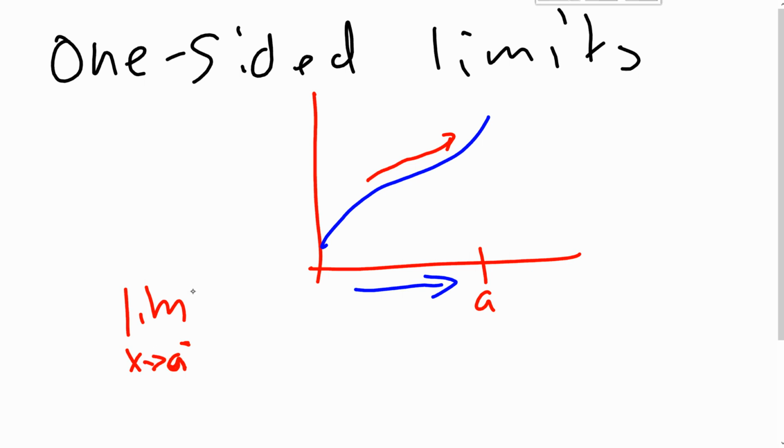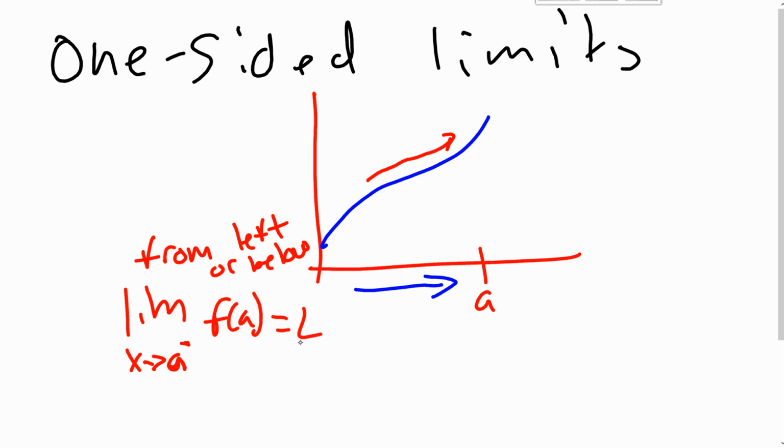So this is from the left, or below, f of x approaches L. And then we have from the right, that'd be a plus. So left is a negative, right is a plus.